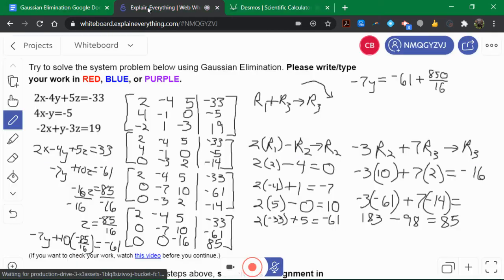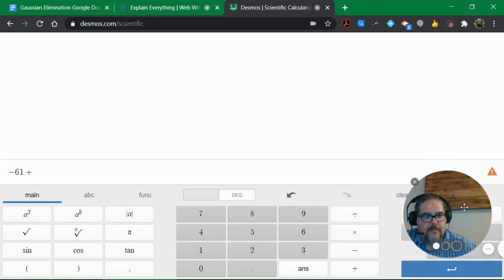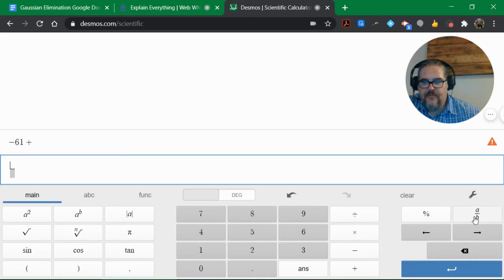So we've got negative 61 plus 850. We need to do this in fraction format, 850 divided by 16.